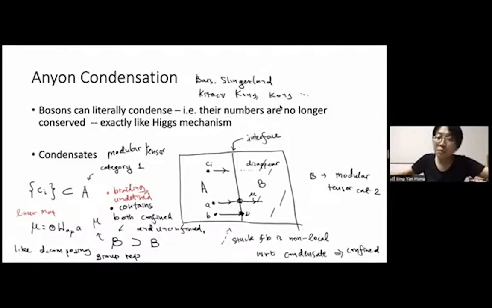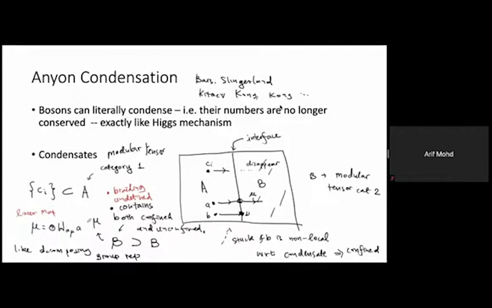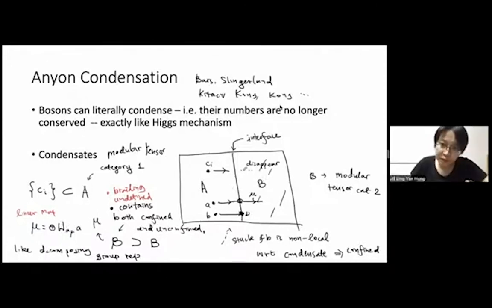And this new multiplet would correspond to the objects in B. But then not all the multiplets would actually run around freely in B. So first of all, things in B can be written as a sum over objects in A. For the reasons that I described, you have to rearrange the objects in A so that they combine into some bigger multiplets in general. But not all of these combinations can run around freely in B.